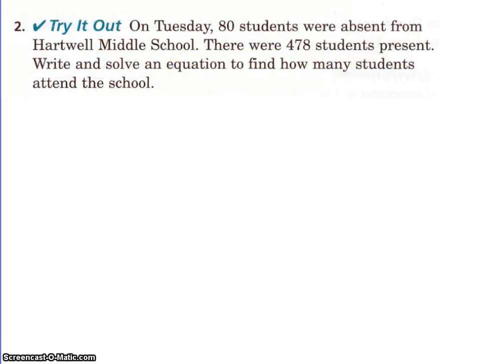Okay, let's try this out. On Tuesday, 80 students were absent from Hartwell Middle School. There were 478 students present on that day. It says write and solve an equation to find how many students attend the school. So let's define the variable first.